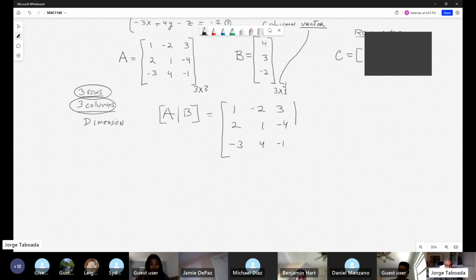You put a vertical line. By the way, guys, the vertical line only indicates the separation between the coefficients in front of the variables and the numbers on the right-hand side, which are 4, 3, and negative 2. And this new matrix formed by A and B is called the augmented matrix.